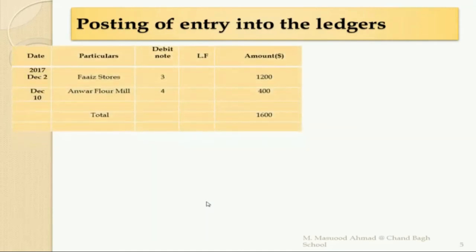So here is your Purchase Return Day Book, which we have taken from the previous slide. That is 5 Store 1200, Anwar Mills 400, and the total is 1600.